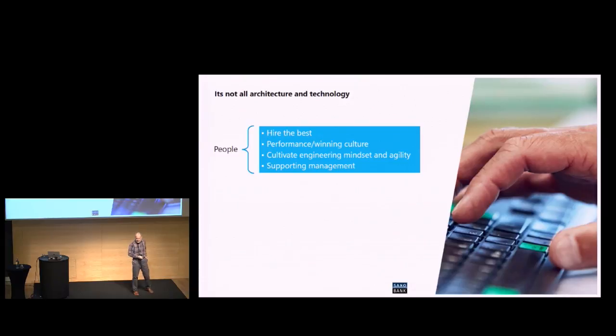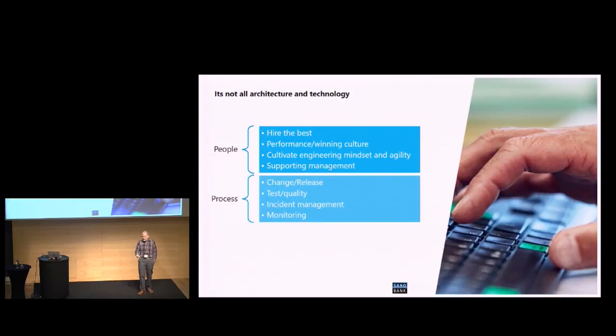So, supporting management. There's some process, tight change and release management processes, test and quality processes, automated testing and so forth. And when it hits production, you need to have an incident management process in place that allows you to respond very quickly when there are issues.